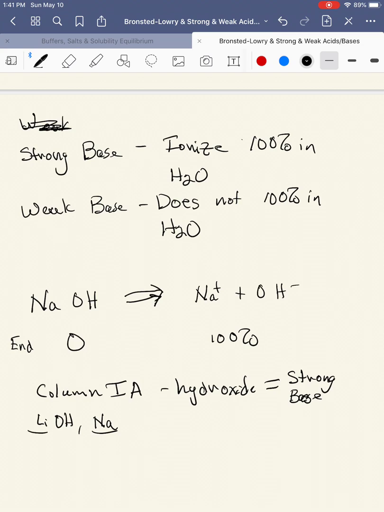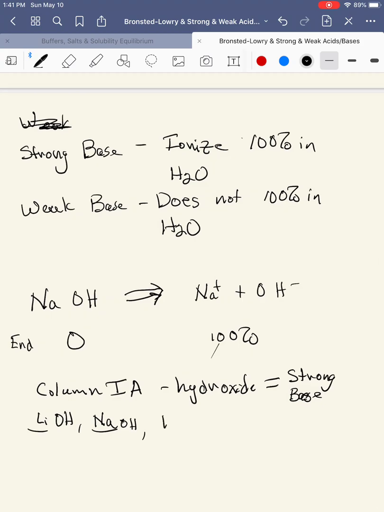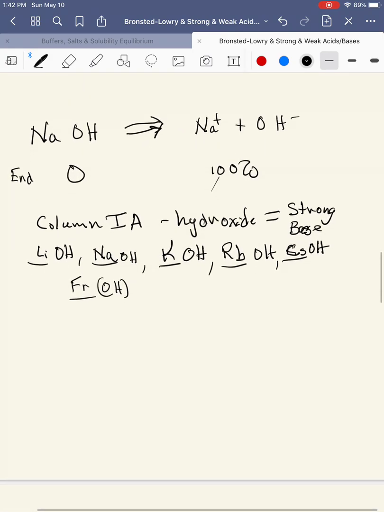Sodium's a column 1A, lithium's a column 1A. Potassium's a column 1A, hydroxide, strong. Rubidium, column 1A, hydroxide, strong. Cesium hydroxide, CsOH. Cesium's a column 1. And the last one is francium hydroxide. Column 1A hydroxides, they're all strong bases, they ionize 100%.